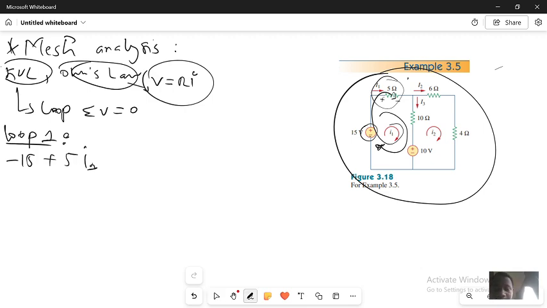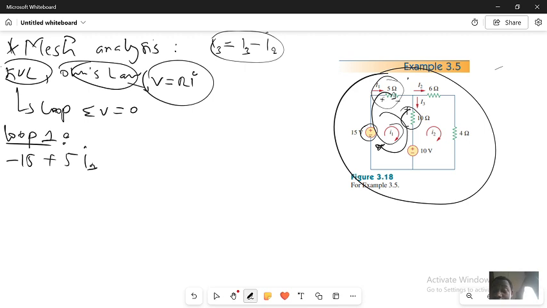Now I have to have the voltage of this element, plus minus, and in this element the current is I3. And I3 is going to be equal to I1 from KCL: this current is entering, this current is leaving, so this current also is leaving, meaning that I3 is going to be equal to I1 minus I2 from KCL.